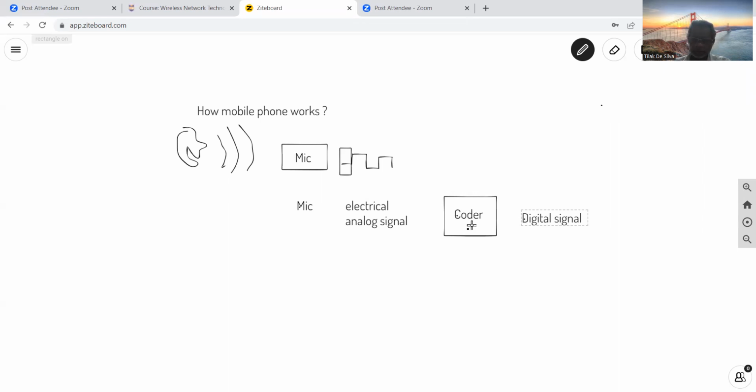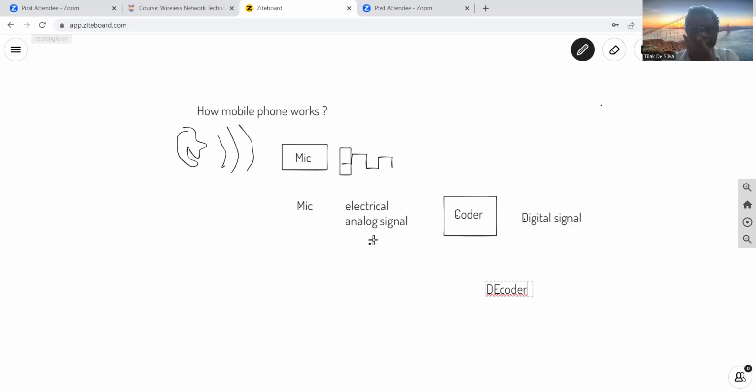At the receive end, the reverse will be done: the digital signal will be converted to an electrical analog signal using the speaker. At the receive end, that mobile phone has a speaker. This digital signal is converted to an analog electrical signal by using another device called the decoder.